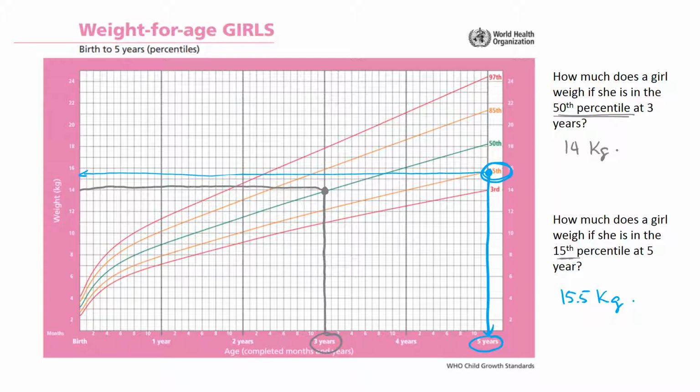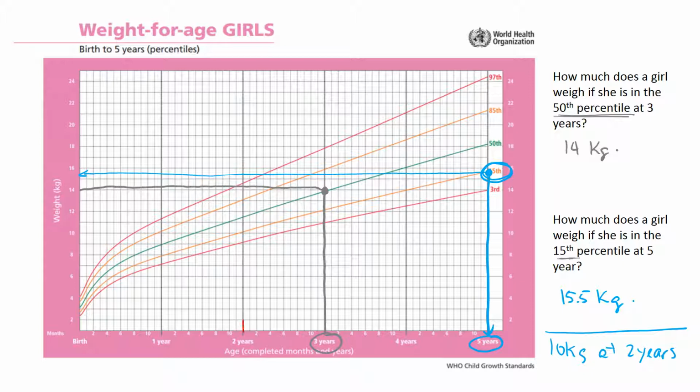What if I have a child that weighs 10 kilograms at 2 years old? What can I read from the graph there? Let's see if I can find a 10 kilogram child at 2 years old.